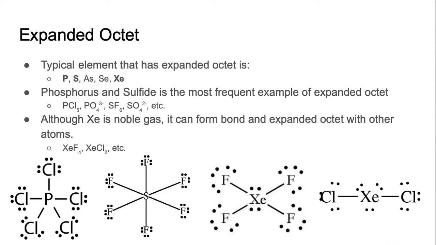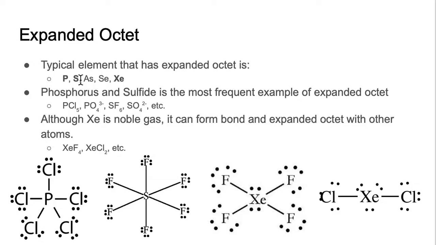Typical elements that have expanded octets are phosphorus, sulfur, arsenic, selenium, and xenon. These bolded phosphorus, sulfur, and xenon are the most typical ones seen in homeworks and tests. These 5 examples are not the only ones that can form an expanded octet, by the way.